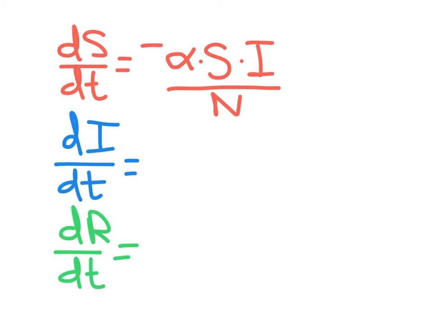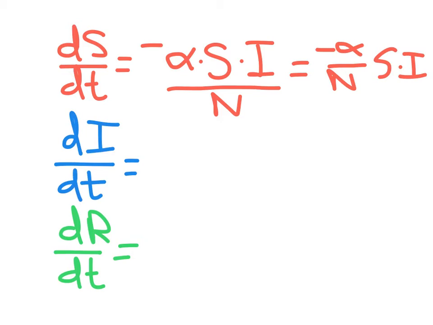Since we have people times people on the top of the fraction, and people on the bottom, it's just going to cancel out one of the units of people. What this also does is it changes our parameter out in the front so that it's really like negative alpha over the population times S times I. And that would be how we can show the change in the number of susceptible people.